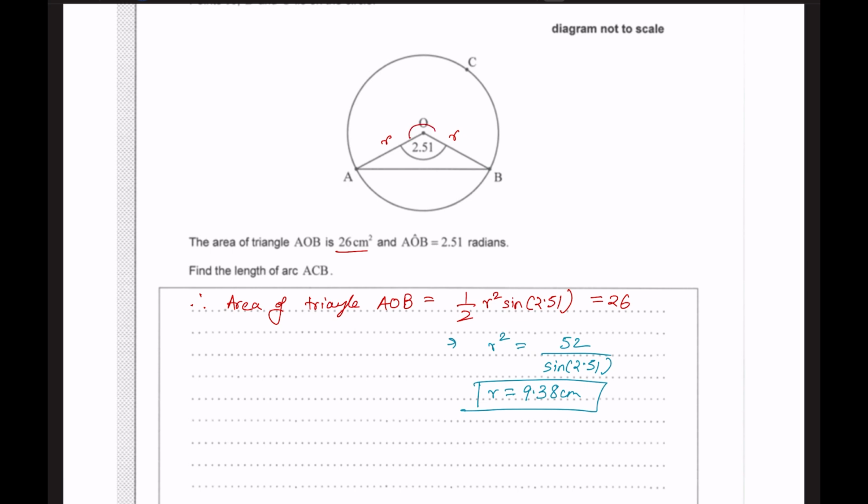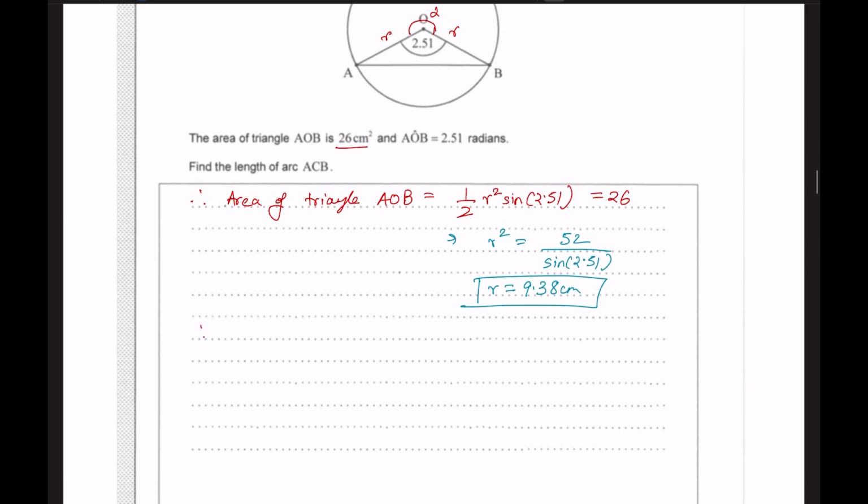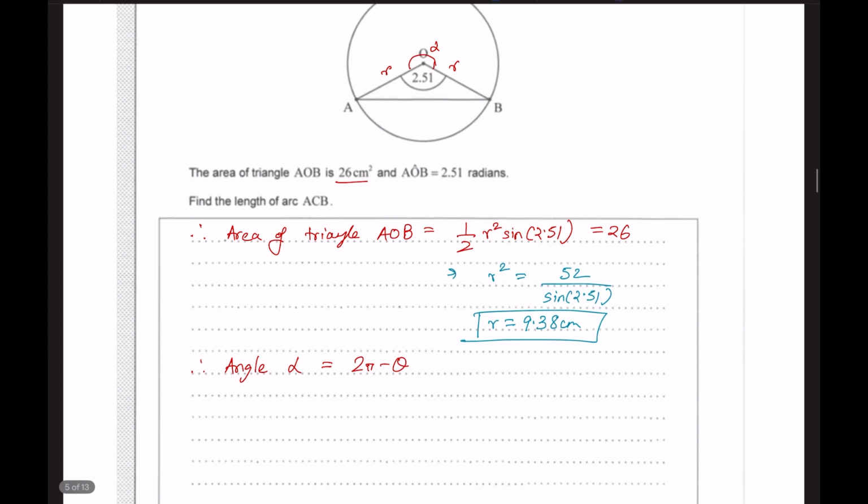Now we have to find this angle, alpha. Angle alpha would be 2 pi minus theta because the total angle around a circle is 2 pi. So this part is alpha, this part is 2.51. So alpha plus 2.51 would be 2 pi. From here, alpha will be 2 pi minus 2.51.